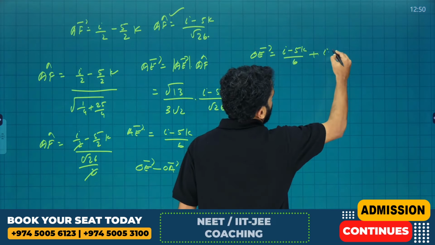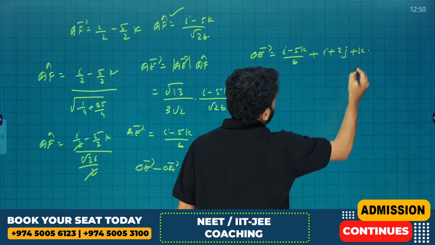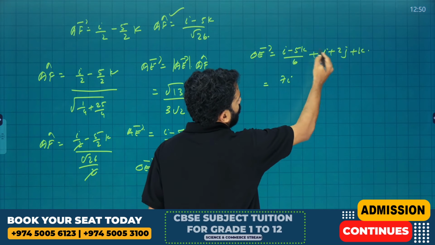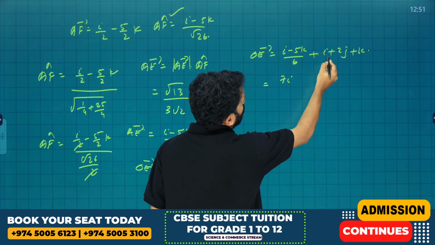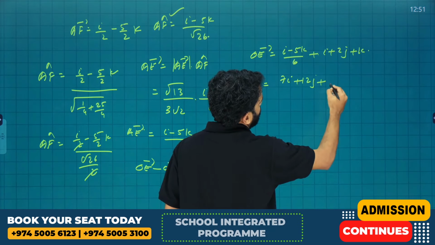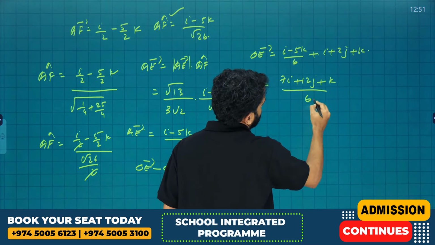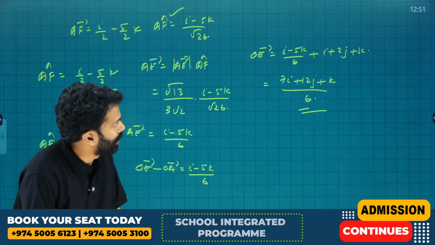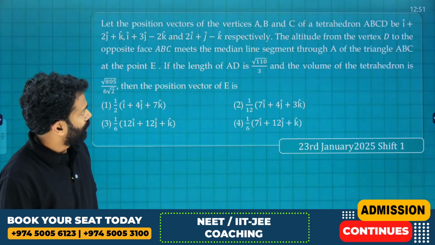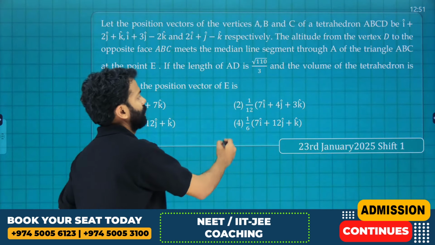Therefore it will be 6i plus i is 7i, 12j and 6k, plus minus 5k is k, divided by 6. The final result is 7i plus 12j plus k divided by 6. I think option 4 is the final answer.